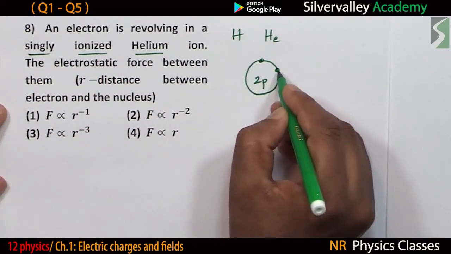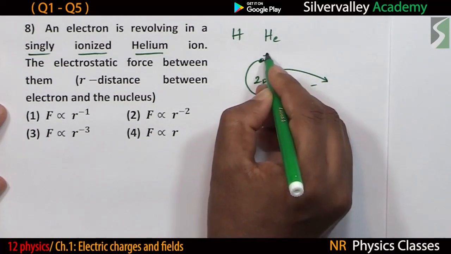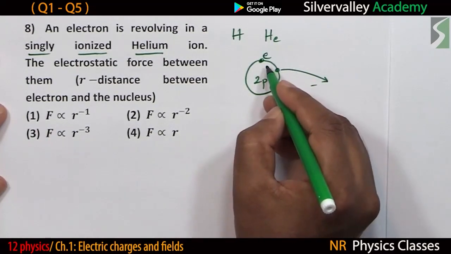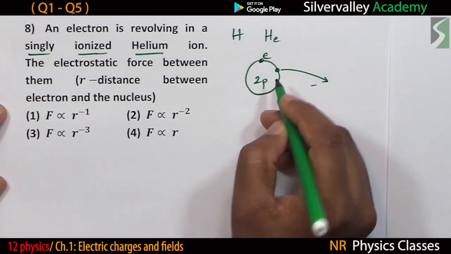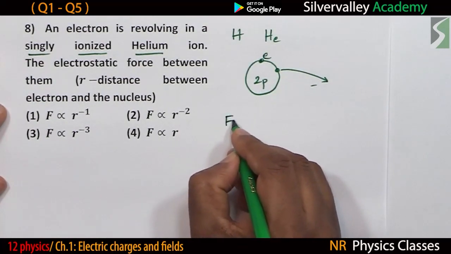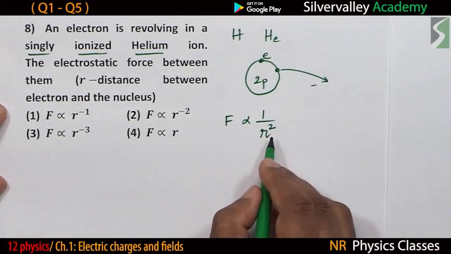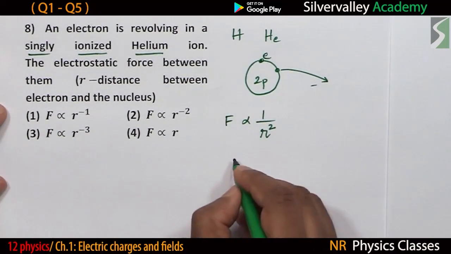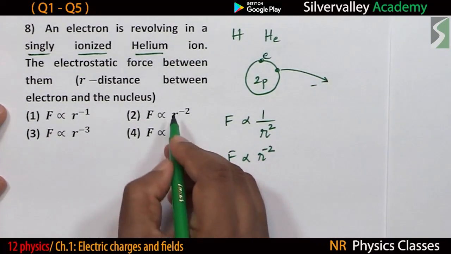Singly ionized means 1 electron is removed. Therefore, only 1 electron is left. So it is the attraction between electron and the proton. From Coulomb's law, force is inversely proportional to the square of the distance between them. Therefore, F is proportional to r power minus 2.